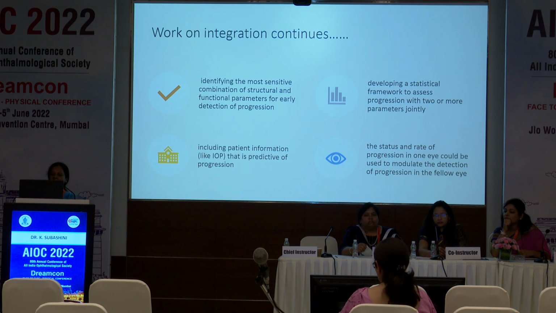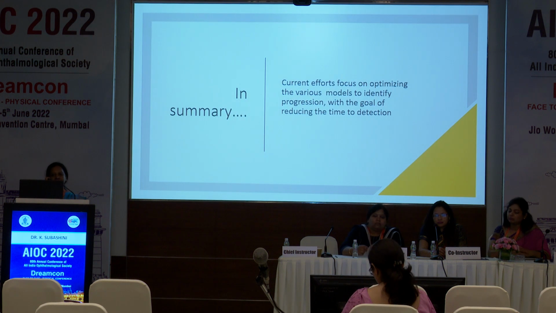And the status and the rate of progression in one eye could also be used to modulate the detection of progression in the fellow eye. So in summary, current efforts focus on optimizing the various models to identify progression, and this will in fact help us to reduce the time for detection and prevent blindness from glaucoma. Thank you.